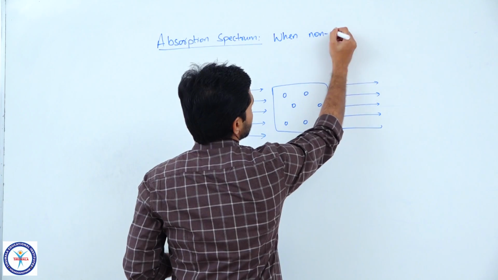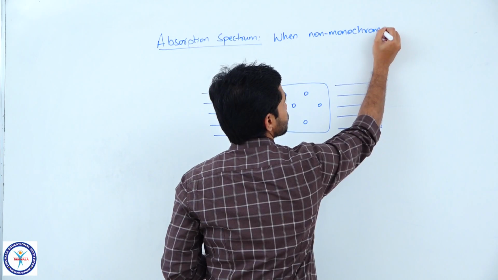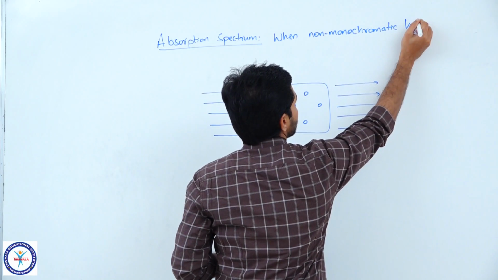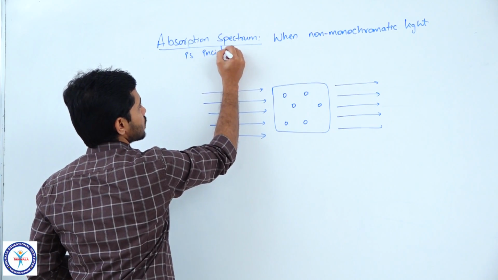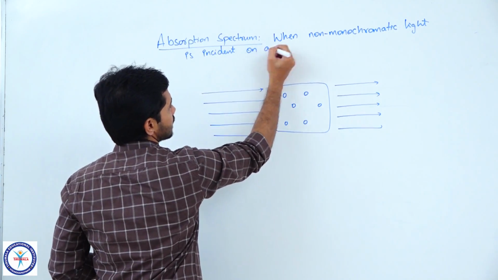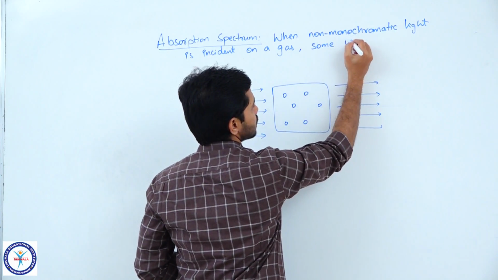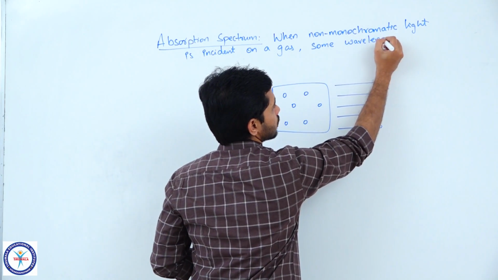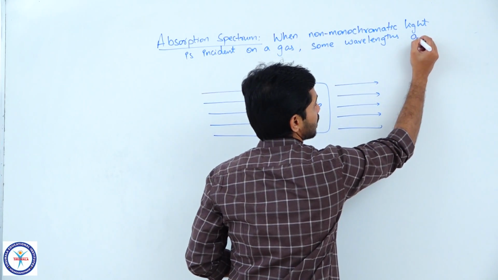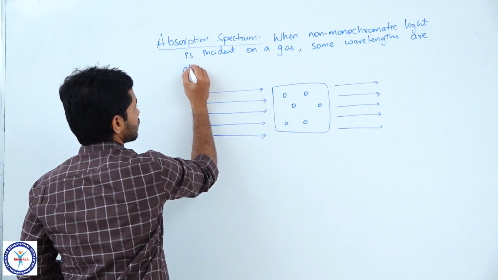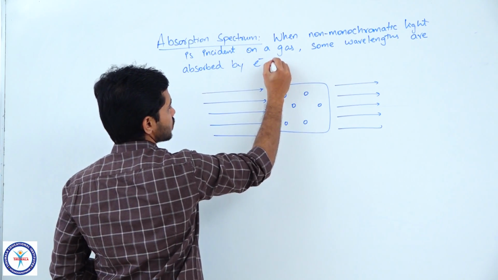When non-monochromatic light is incident on a gas, some wavelengths, or energy corresponding to some wavelengths, are absorbed by the gas, absorbed by electrons in the atom.